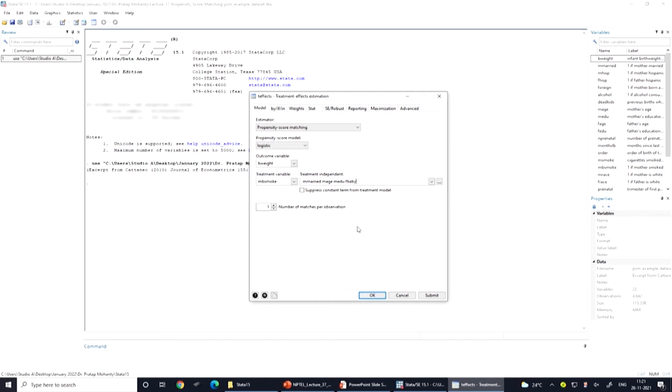So, with these four, with number of matches per observation, if you select one only at this moment, we want to find out the result.